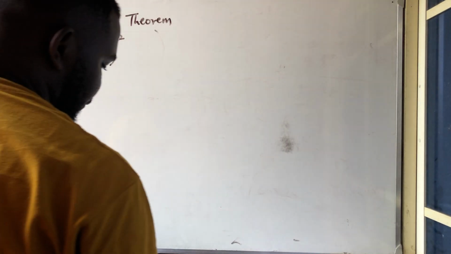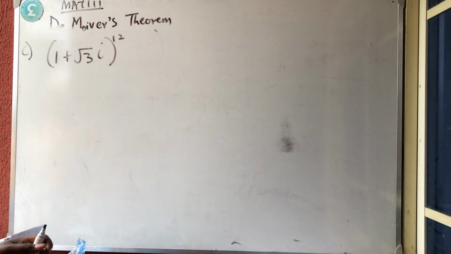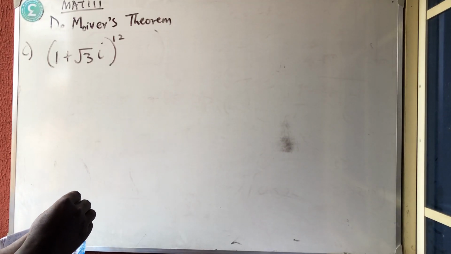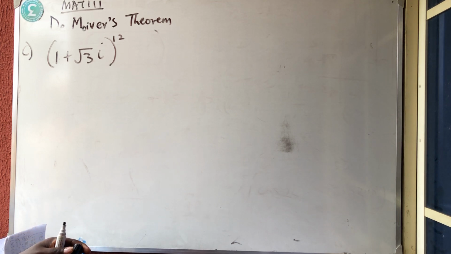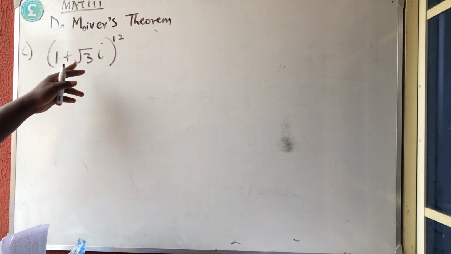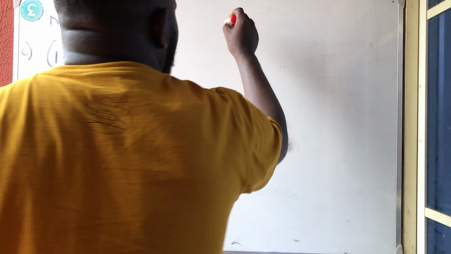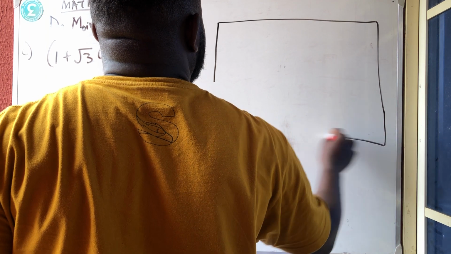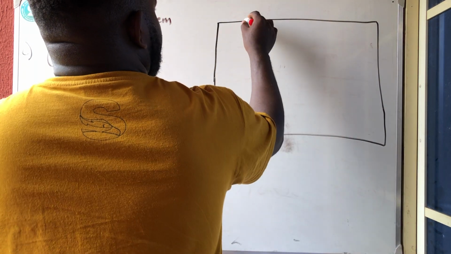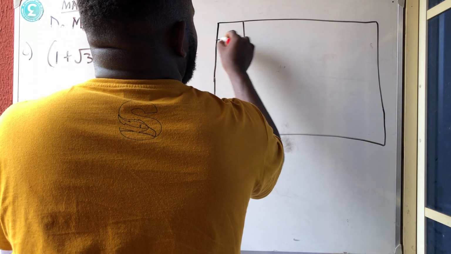There are two methods of getting this, and I'm going to show you both. The first method is using the special angle table. Root 3 is part of the special angles, so let me take you back a little bit to that.